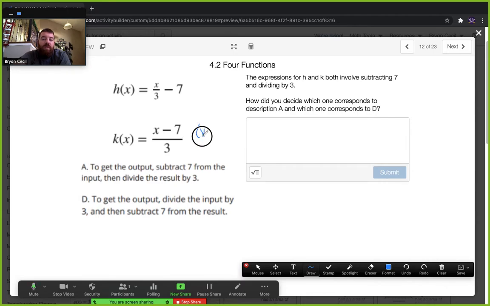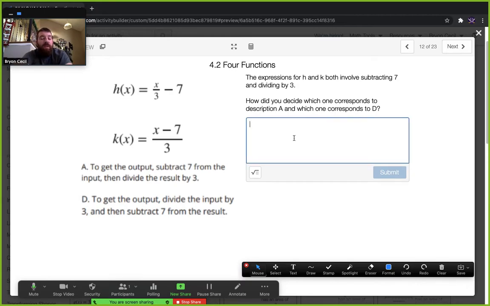If we wrote this horizontally, x minus 7 divided by 3, well, you would reduce the parentheses first, right? And that's a good rule of thumb to know what to do first. So here I'm going to divide by 3 first, then subtract 7. And on this one, I'm going to subtract 7, then divide by 3, okay?